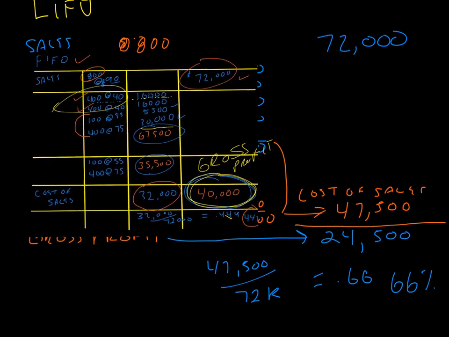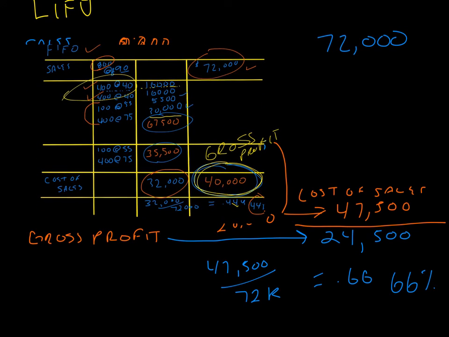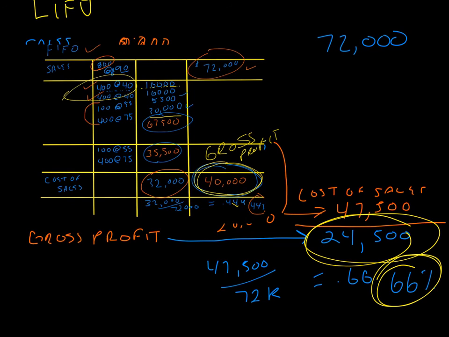Okay, and then as we see here, our gross profit is significantly less under the LIFO system right here, and of course our percentage of cost of sales is much higher, as we would intuitively have thought. So again, you can see the difference here. With all my absolute chicken scratches on here, you can see that FIFO, first in, first out, because we had increasing costs for those test strips, versus LIFO gave us a big impact on our gross profit.